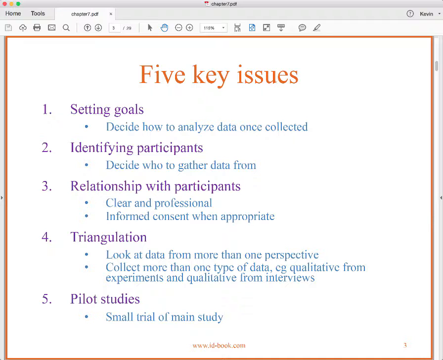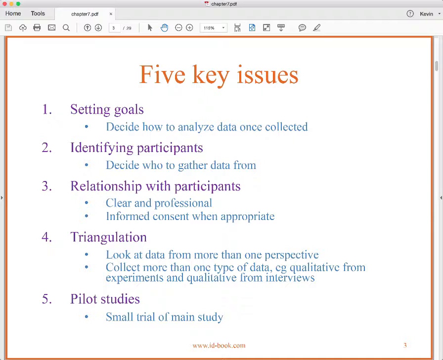So what we're really claiming when we talk about triangulation is we want to observe, ideally, the phenomenon that we're trying to understand from 2 perspectives in order to have a fuller, more reliable perception of the phenomenon that we're trying to analyze. Okay, so even though it's triangulation, we're looking for 2 perspectives, 2 or more.